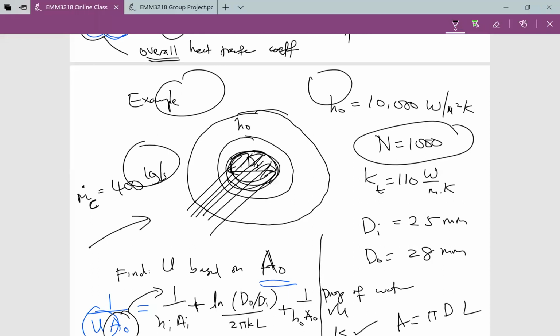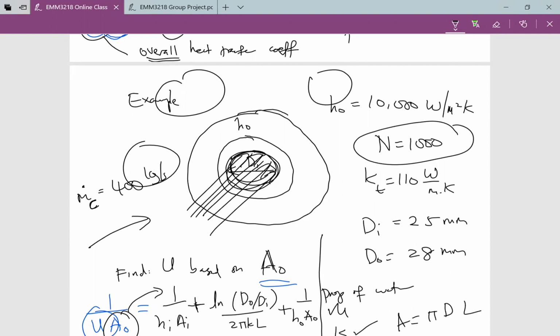Temperature is not directly given. The reason is that you are also given the properties, so you don't need the temperature. Otherwise, you would need temperature to get properties.